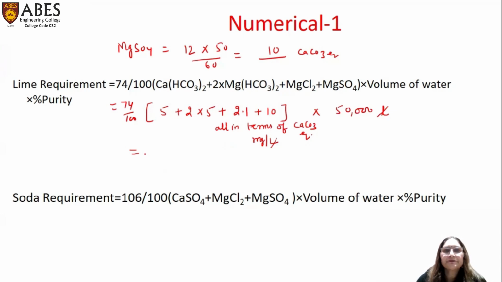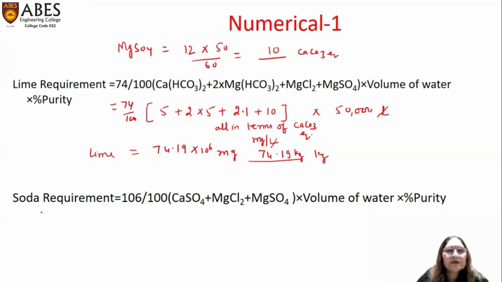Solving this, the answer is: lime is equal to 74.19 into 10 to the power 6 milligram, and converted into kg, 74.19 kg. This is the lime requirement.